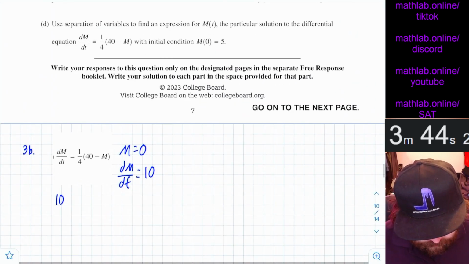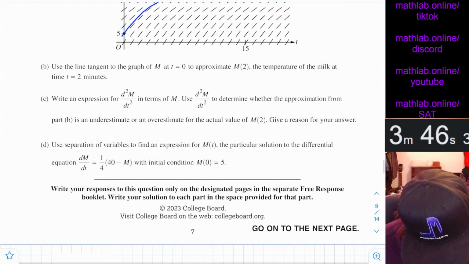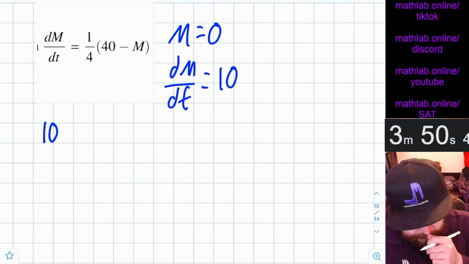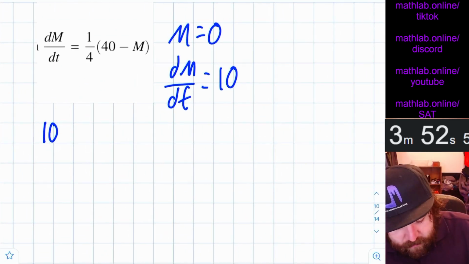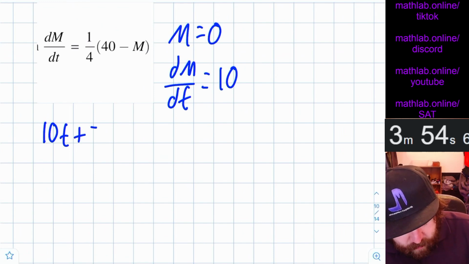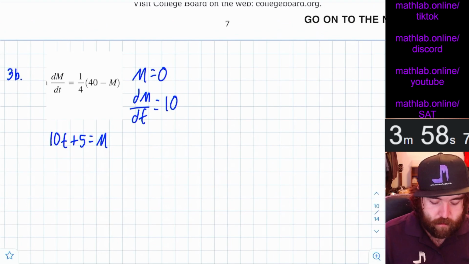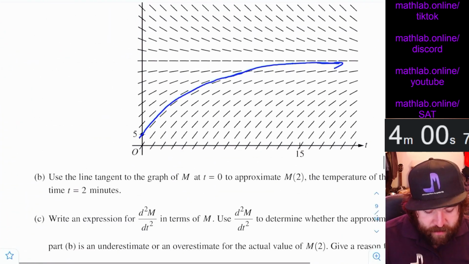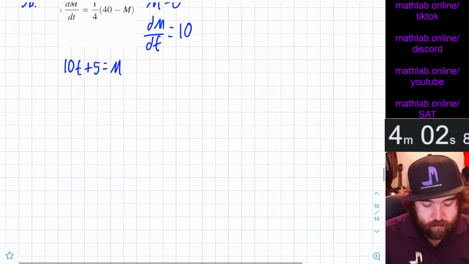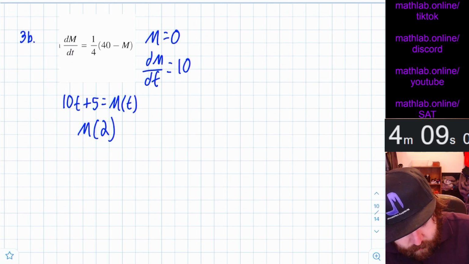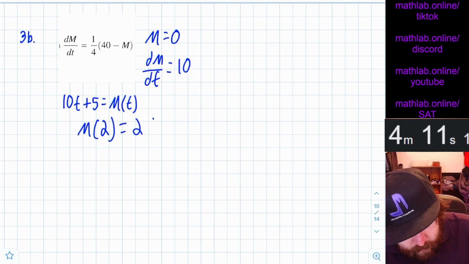Or 10x. No, m of t. Yeah. Oh yeah, dy dx, so it's t. So it's 10t plus 5 equals m. And then we want to find it at 2. So then we'd say that m of 2 is 25.